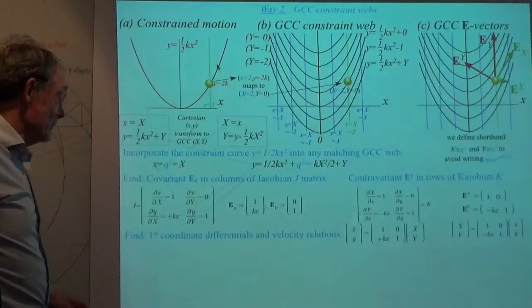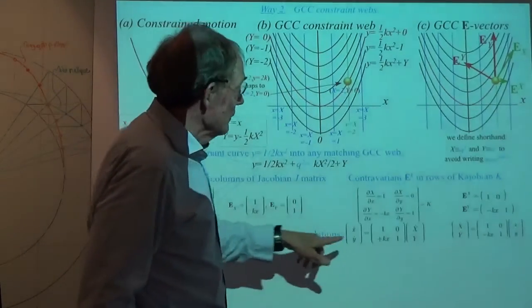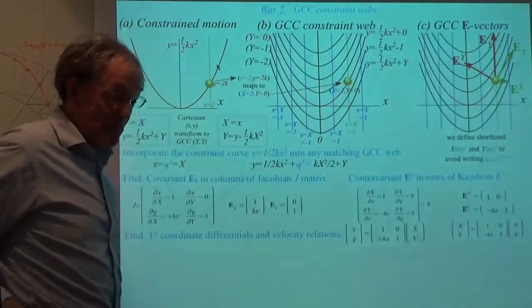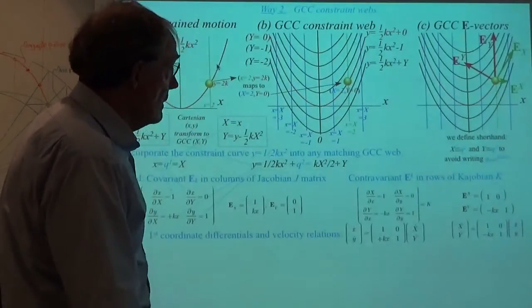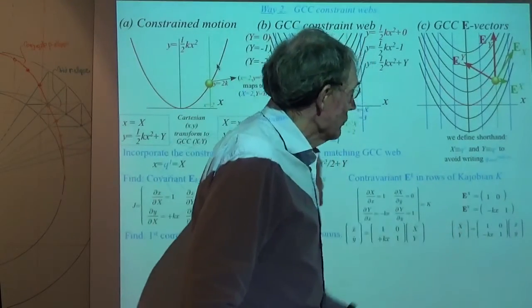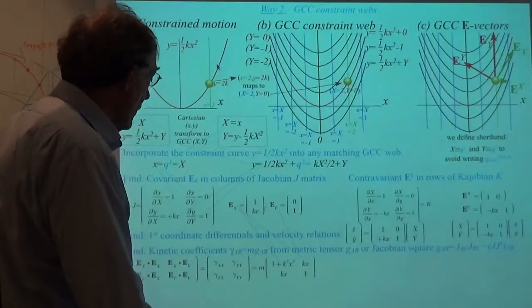Okay, that's the practical advantage. Now, the first coordinate differentials, of course, are going to use those same matrices. Remember, that's lemma 1 there. So we'll be expressing our new coordinates in terms of the old Cartesians right there.